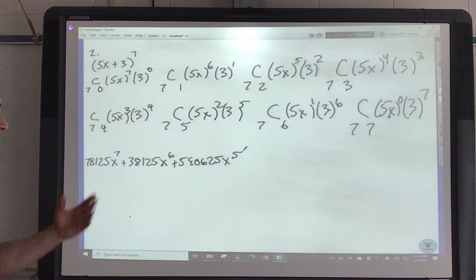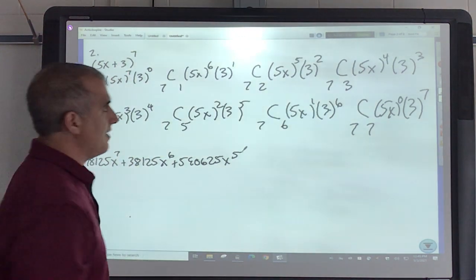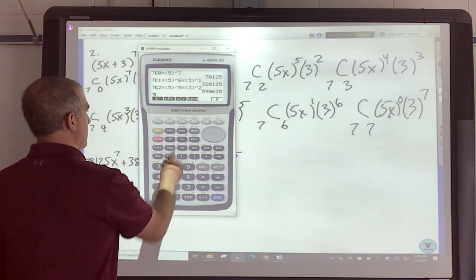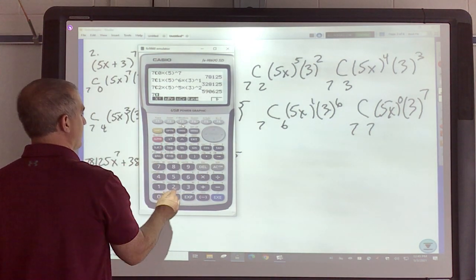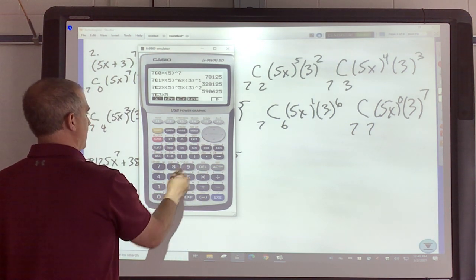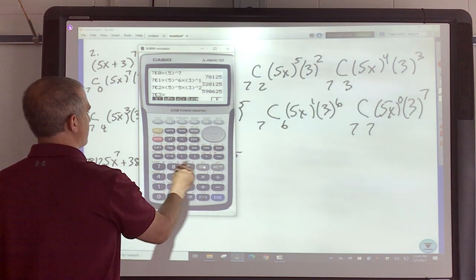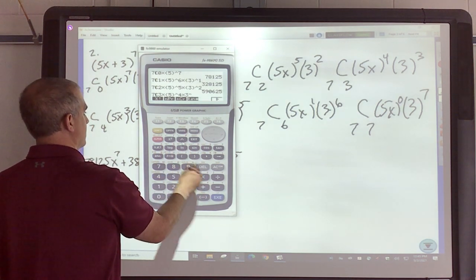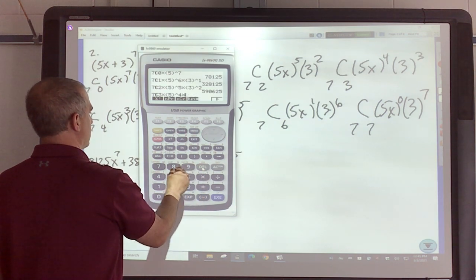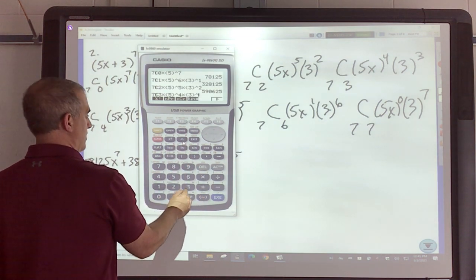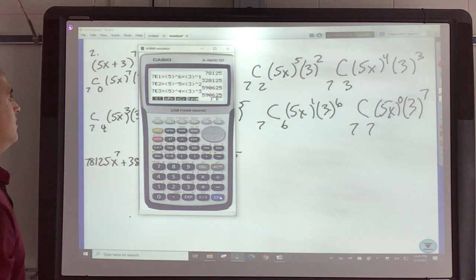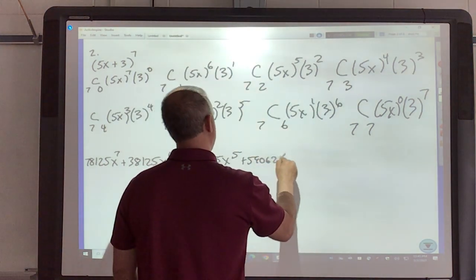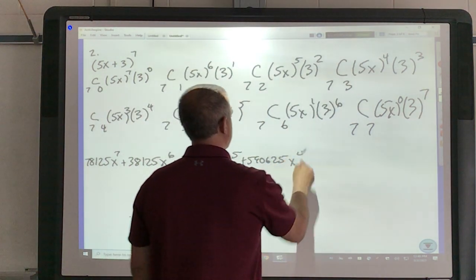That's what's convenient about these ones that have a number there: you don't have to figure out the second part, it's only that number squared, or that number without the exponent. 7 choose 3, whoops, it's a combination. 7 choose 3 times 5 to the 4th times 3 to the 3rd, another 590,625 x to the 4th.